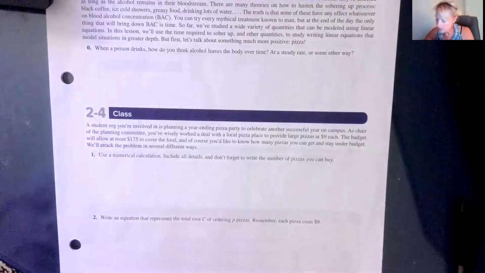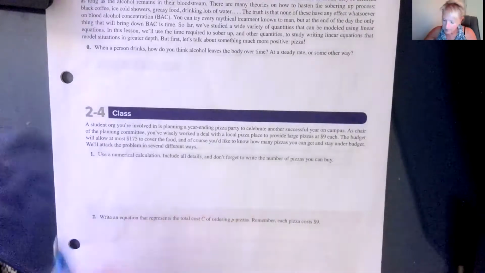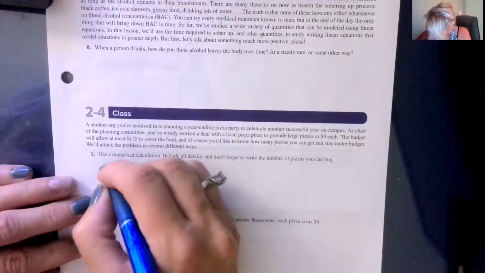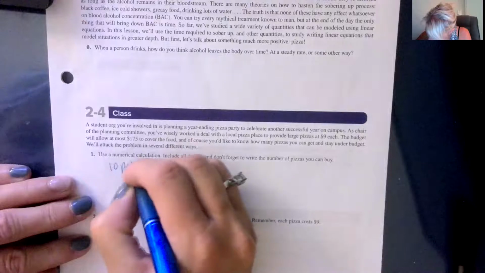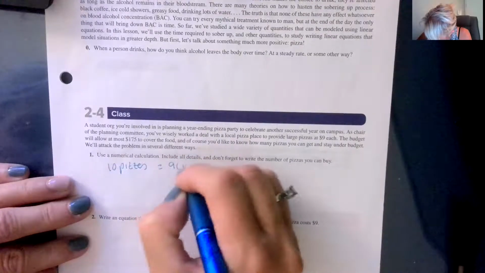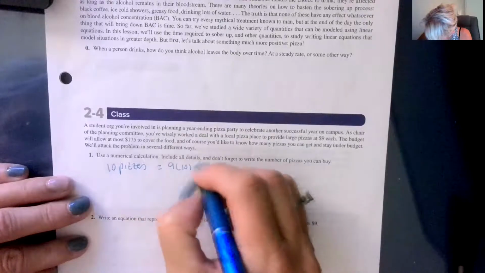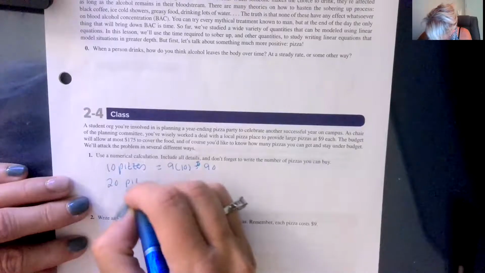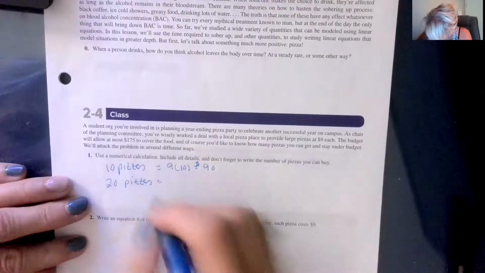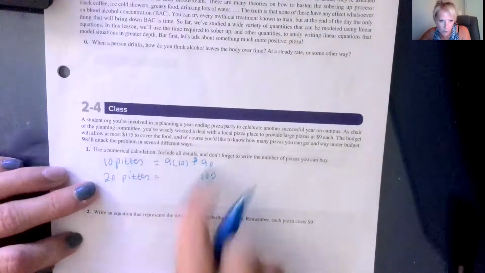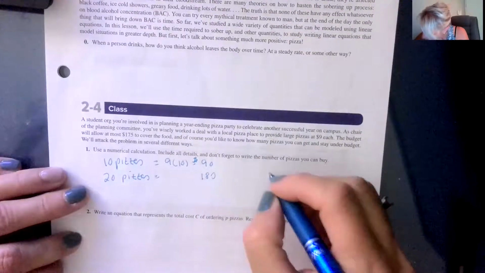So there's lots of ways you can do this. You could do some guess and check and say 10 pizzas is equal to 9 times 10. So that would be $90, right? So if you double the pizzas, then you could double this to be $180. So not quite 20 pizzas, right? That's one way.